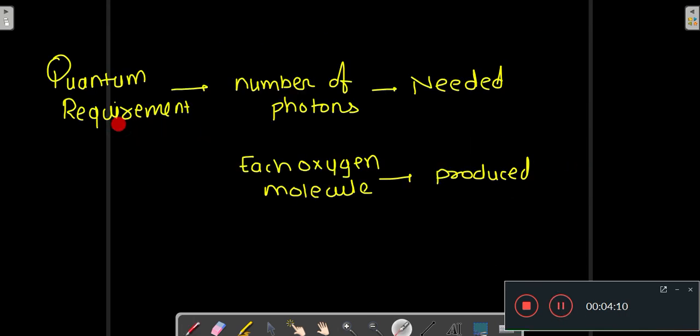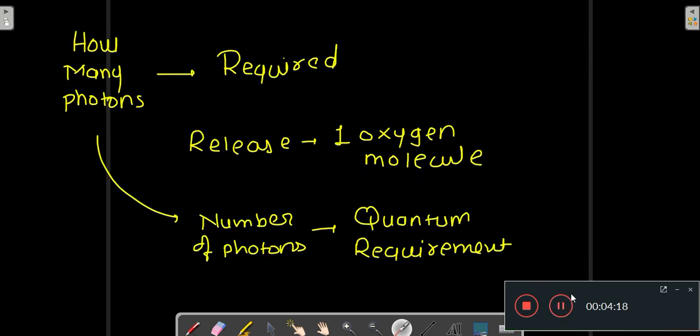Quantum requirement means the number of photons needed for each oxygen molecule which is produced. How many photons are required to release one oxygen molecule, that number is your quantum requirement.